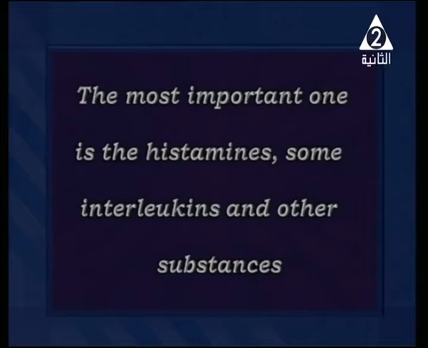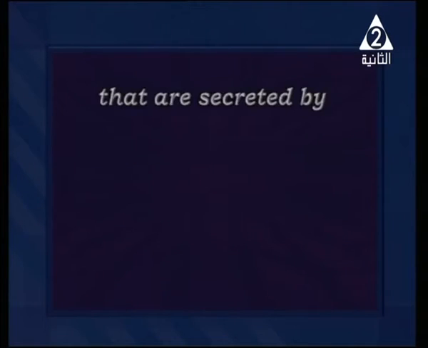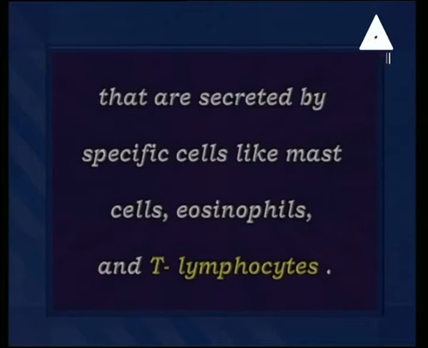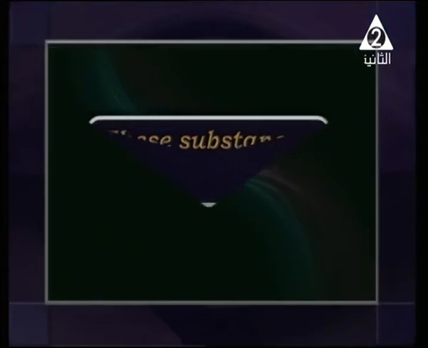The most important ones are histamines, some interleukins, and other substances secreted by specific cells like mast cells, eosinophils, a kind of white blood cell, and also T lymphocytes, which act as helpers, activating beside the histamines and interleukins.